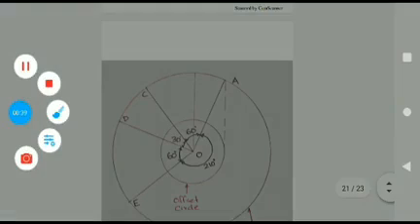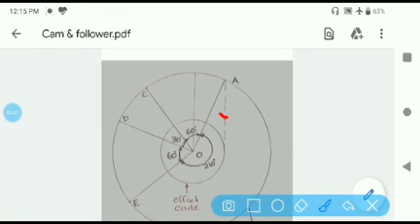I have joined OA, and then taking OA as the baseline, I have divided the base circle in terms of the 4 different regions of motion of the follower.